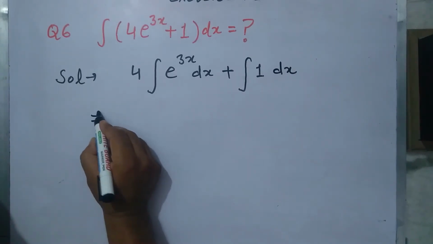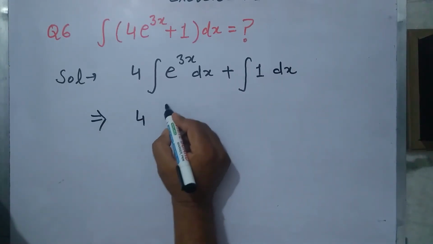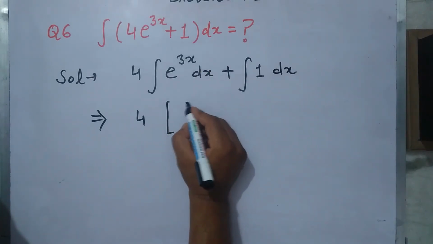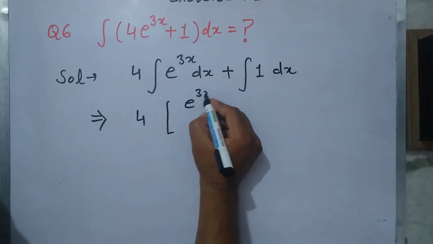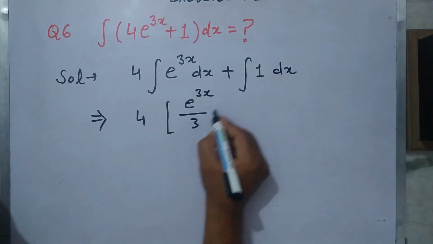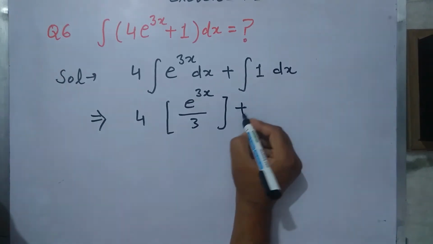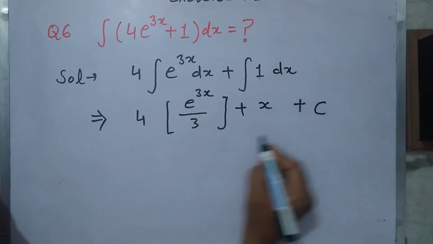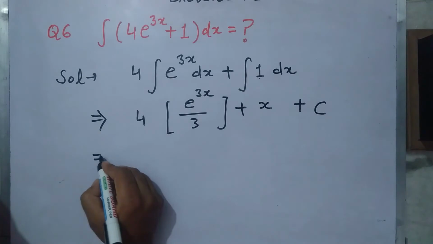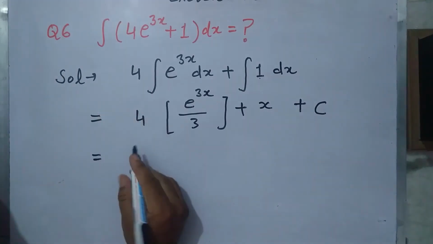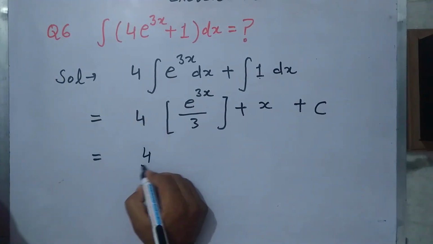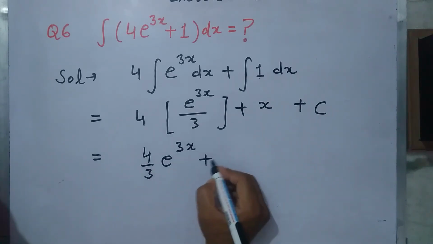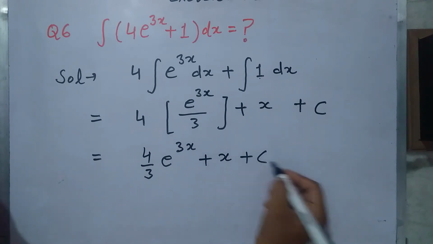So this way we have 4 into integration of e power 3x, that is e power 3x divided by 3, plus integration of 1 is x plus c, the constant of integration. So this way the final answer is 4 upon 3 e power 3x plus x plus c.